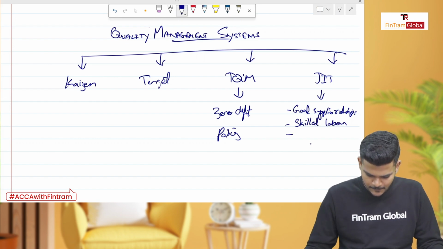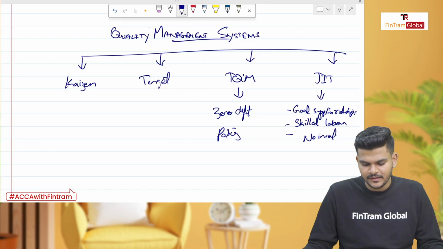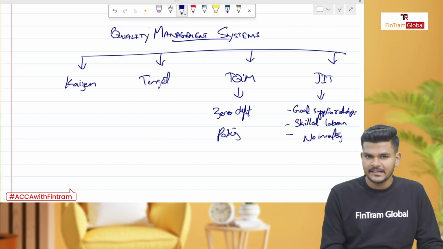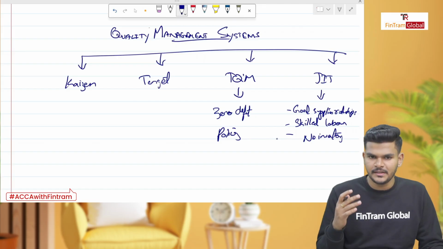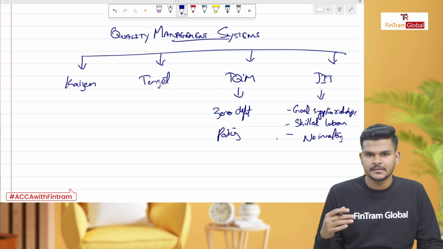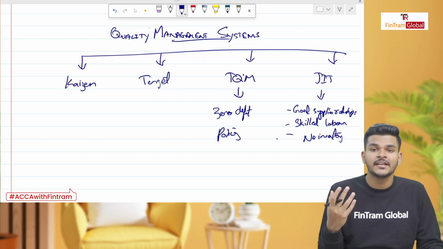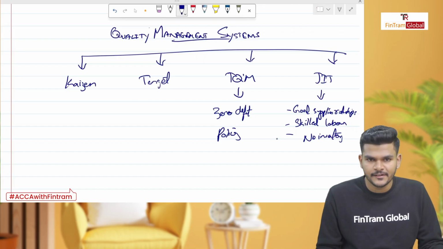And of course, remember, there's no inventory. Inventory is bad in a JIT environment. And all the machinery should be maintained appropriately, because if there are breakdowns, that can cause inefficiencies and delays in delivering customer orders.